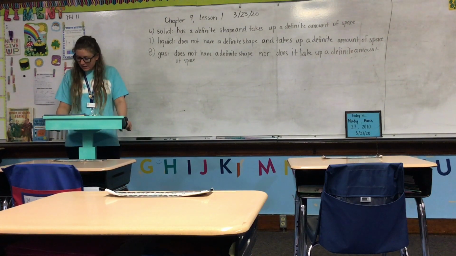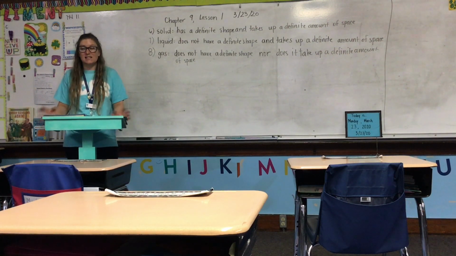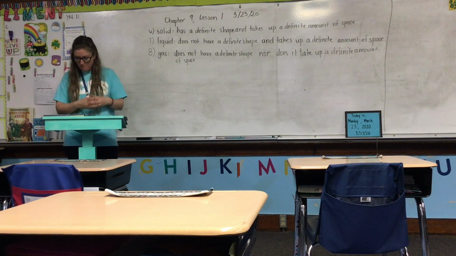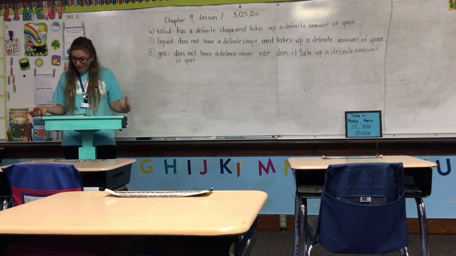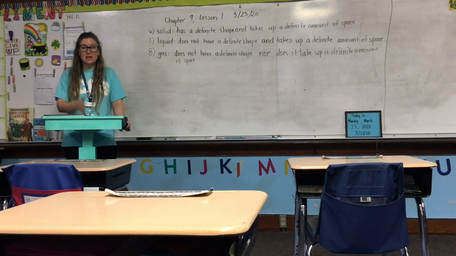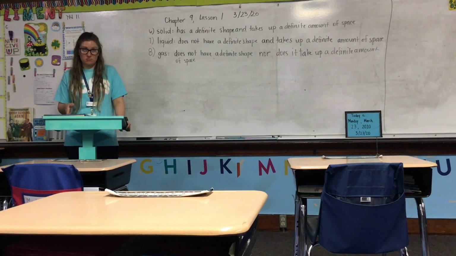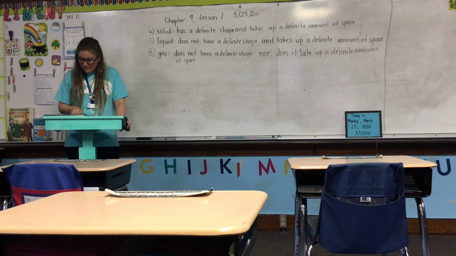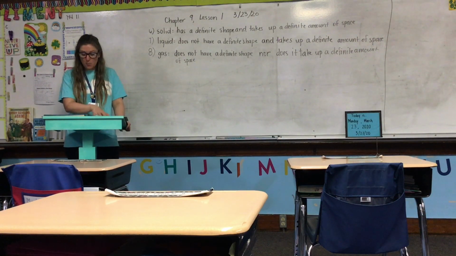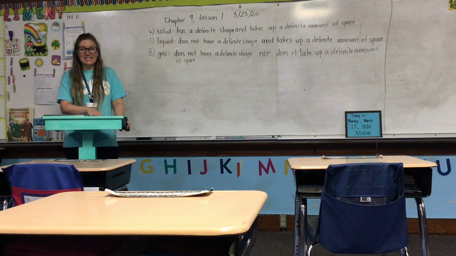All solids, liquids, and gases have mass. That's how they're the same. They are different because solids and liquids keep the same volume, but gases don't. Solids keep the same shape, but liquids and gases don't.